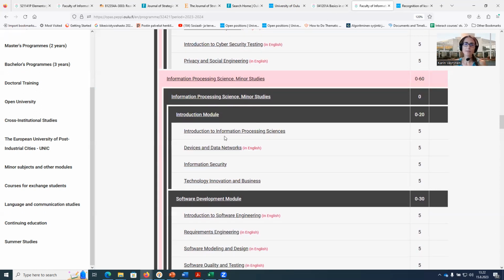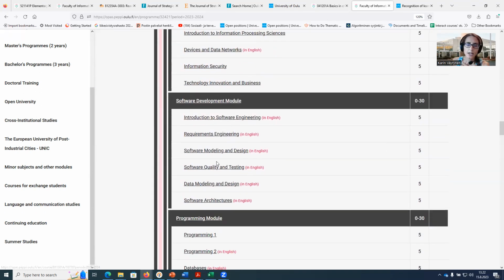But this is now a little bit tricky because even though it says for almost all courses that they are offered in English, they are not offered in English to all students, but in principle only to students of our English language bachelor program, which is called DICE program.